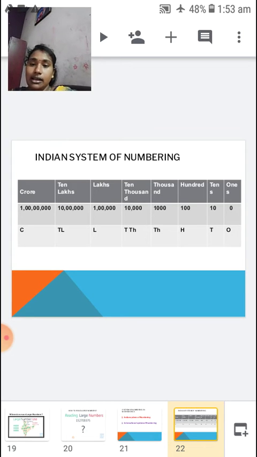So in the Indian system we have lakhs and crores, but in the international system we have other words for naming numbers, which is comparatively different from our system of numbering. So let us see the international system of numbering.